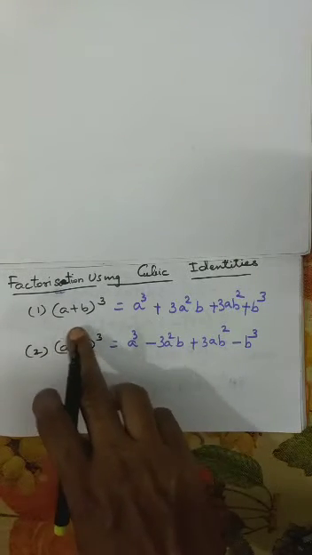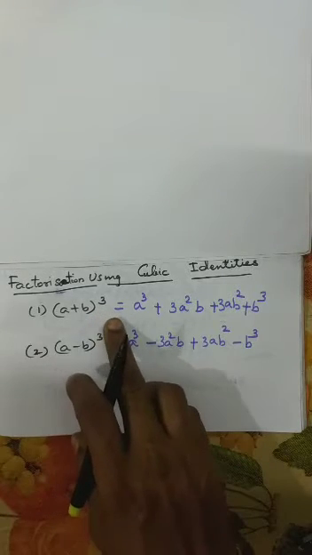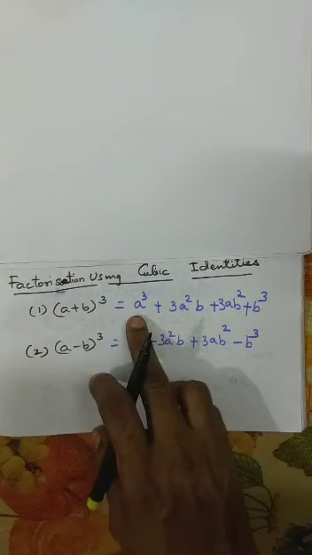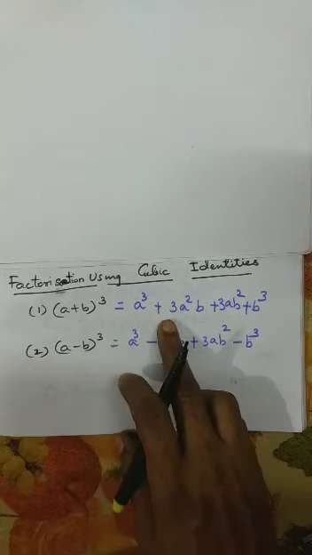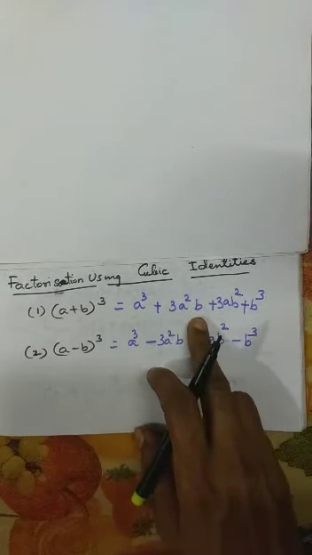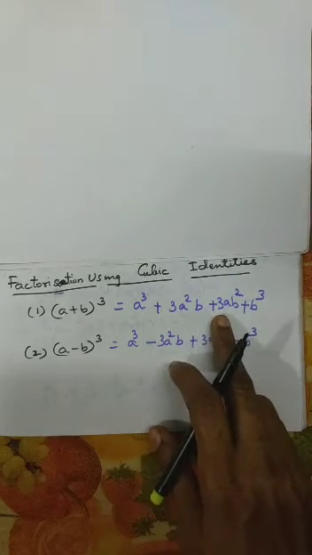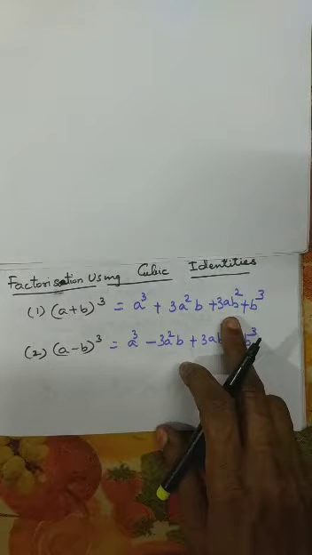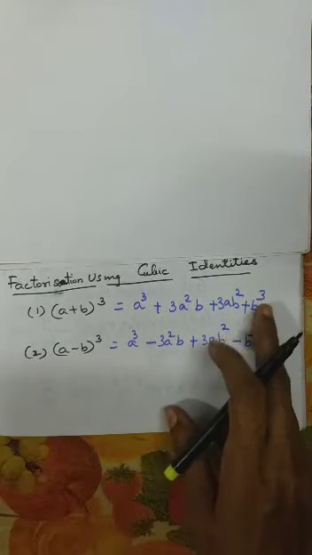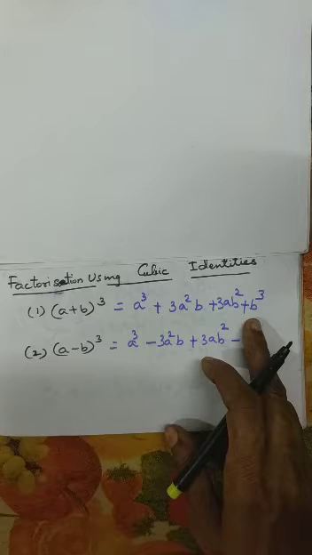What is (a + b) the whole cube? a cube plus 3a square b plus 3ab square plus b cube. Okay.